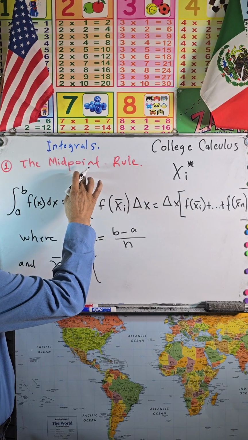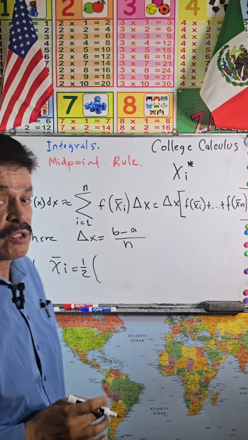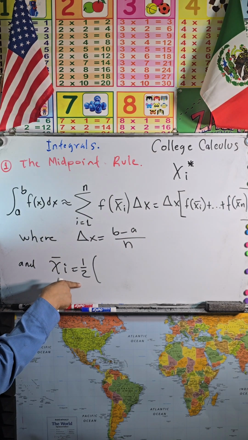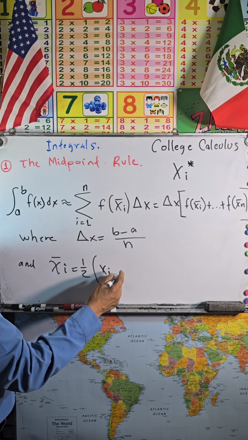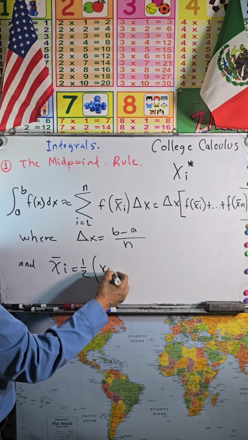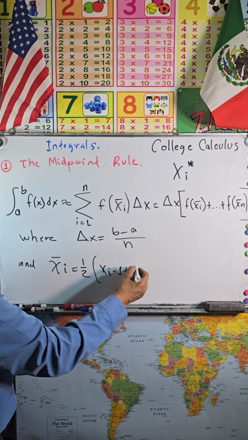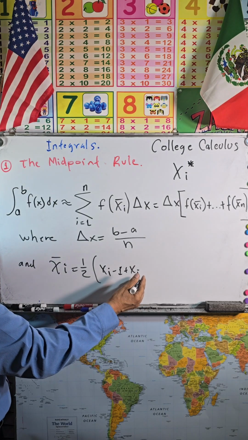Remember, we are talking about the midpoint rule, that's why I write this sign. And look at the formula: x i minus 1 plus x i.